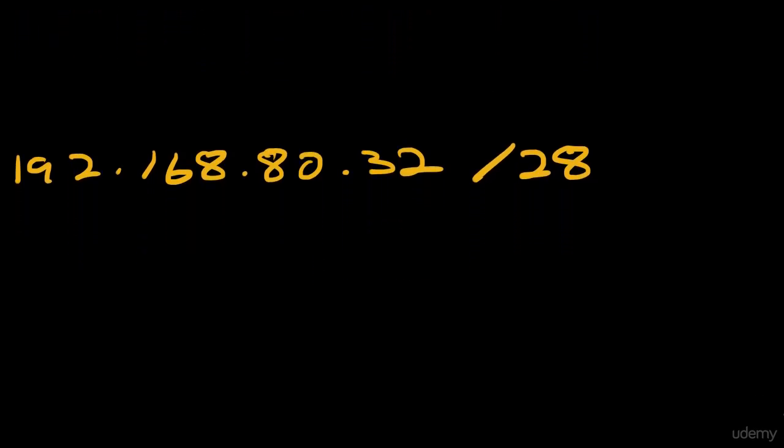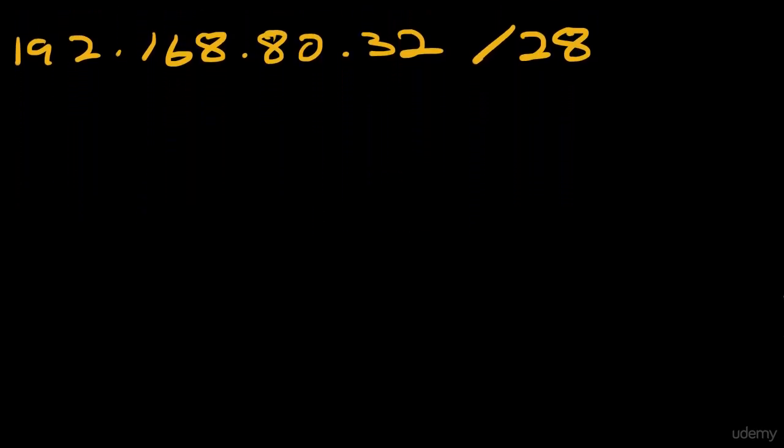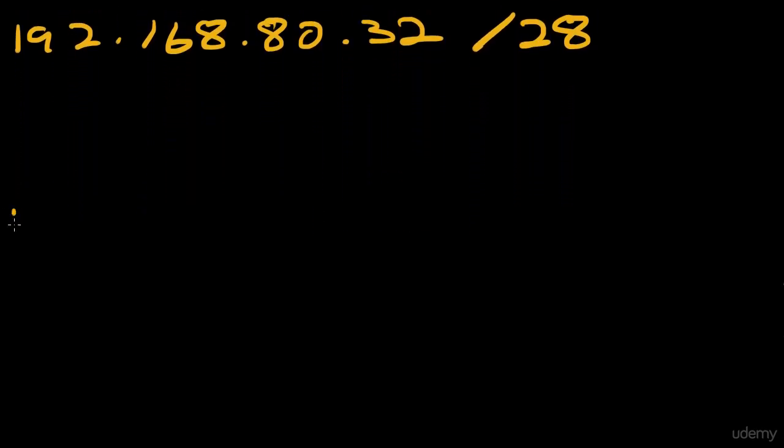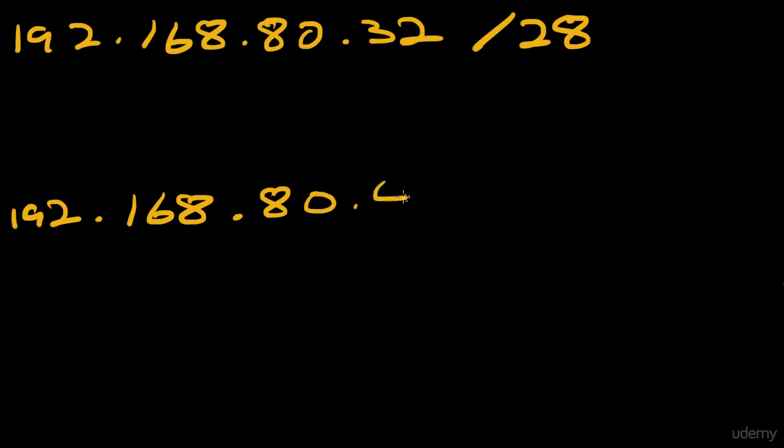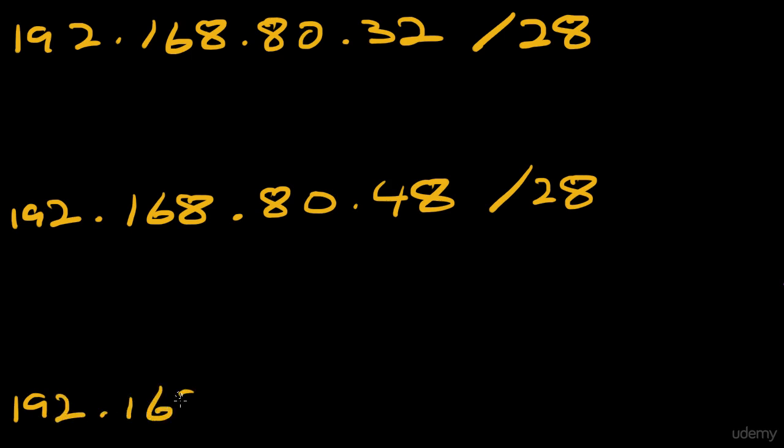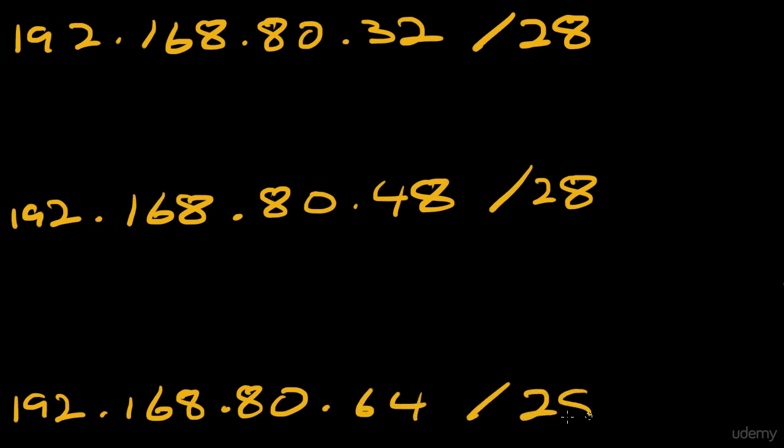Let's work out two more. 192.168.80.48. 32 plus 16 is 48/28. And the last one we'll work out is 192.168.80.64/28.